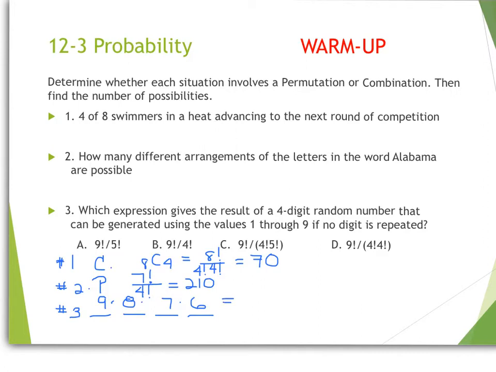But what we want to know is what that is equivalent to. That's 9 factorial over 9 minus the 4 places factorial. That's your permutation, your 9 permuted 4 different ways. And that represents 9 factorial over 5 factorial, which is A.